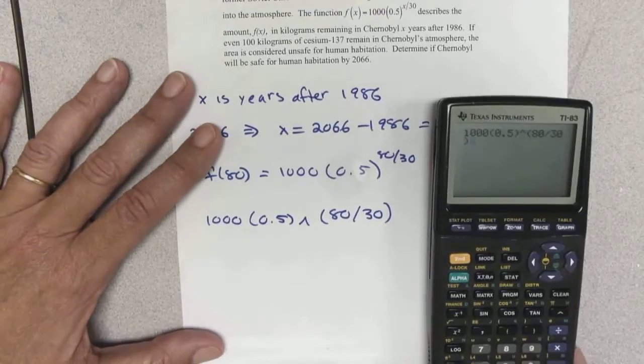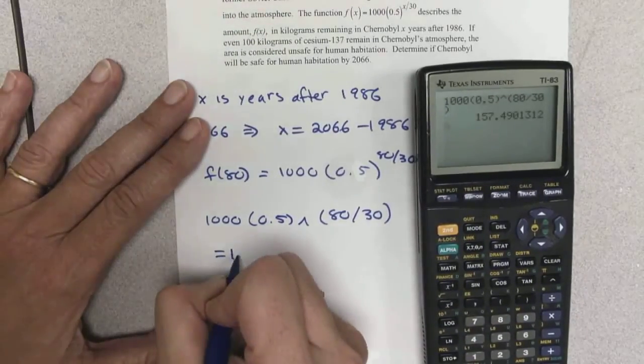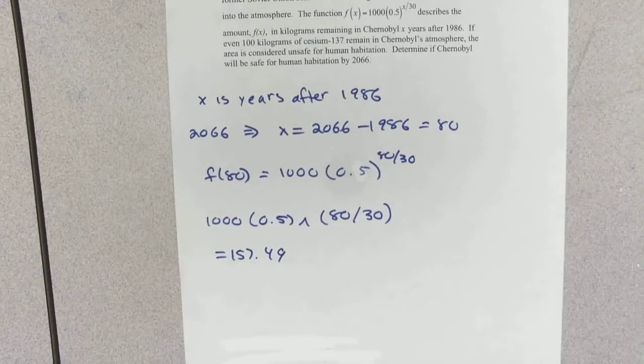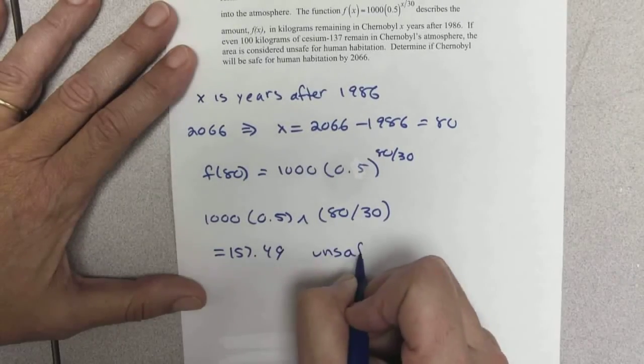Pretty much just type it in there exactly how we see it, hit enter. And we get 157.49 to 2 decimal places. And it said that it would be unsafe if even there were still 100 kilograms. So this is still unsafe.